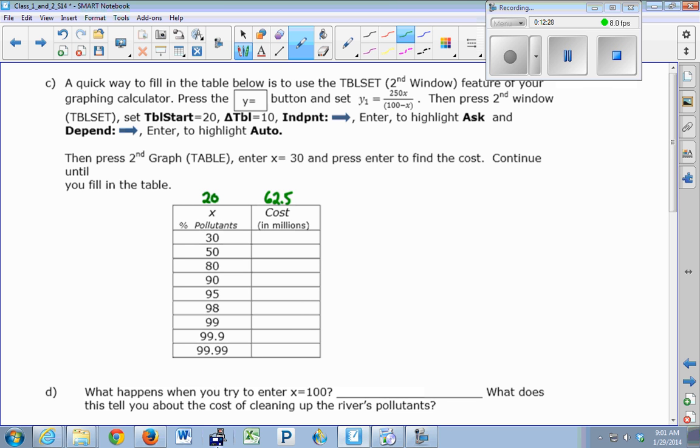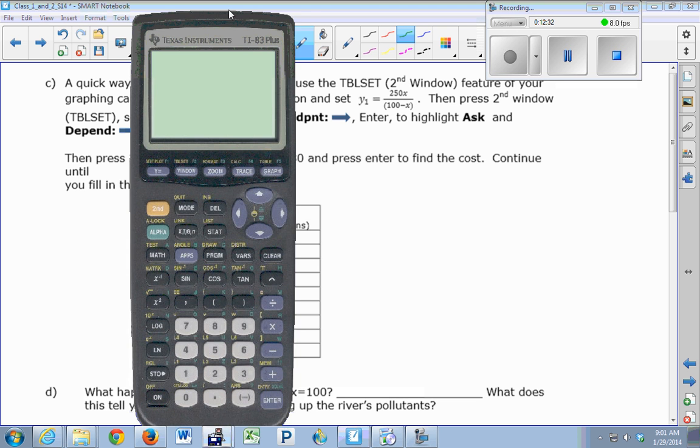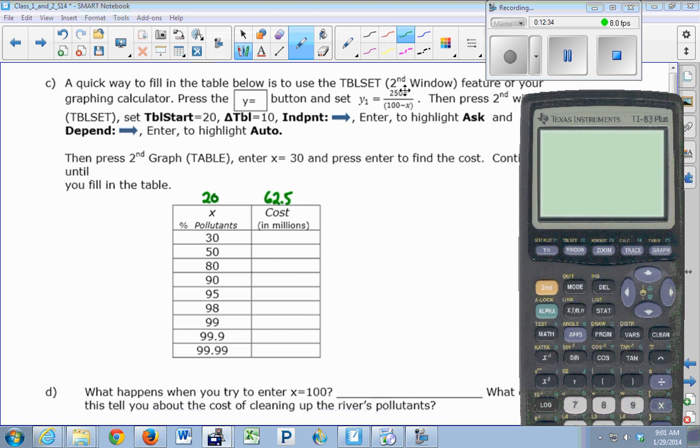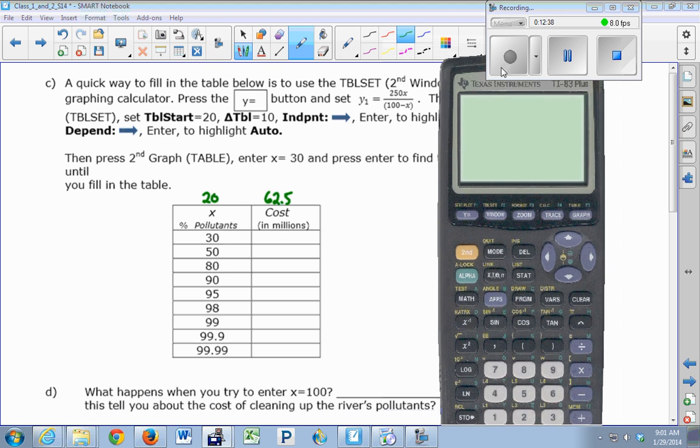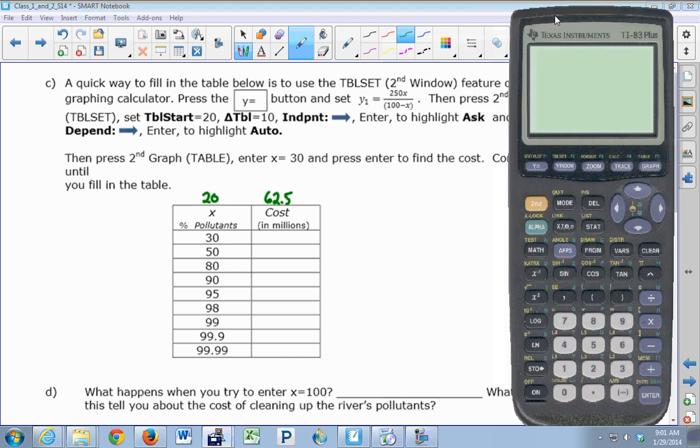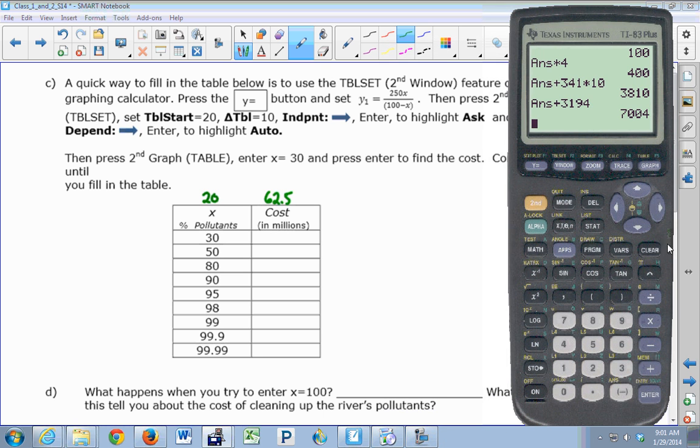The first thing you want to do with your calculator is to put in your rational expression right here, using your y equals button. First I've got to turn it on. That always helps. Clear it out. I'm going to clear everything out because that's from last semester. So, y equals, y1.